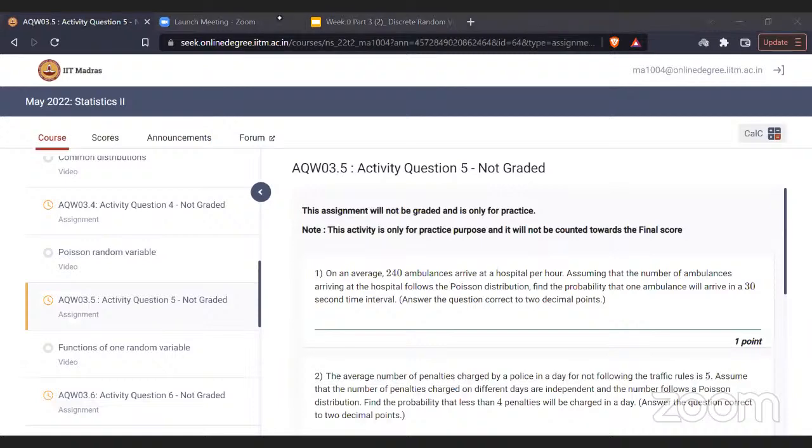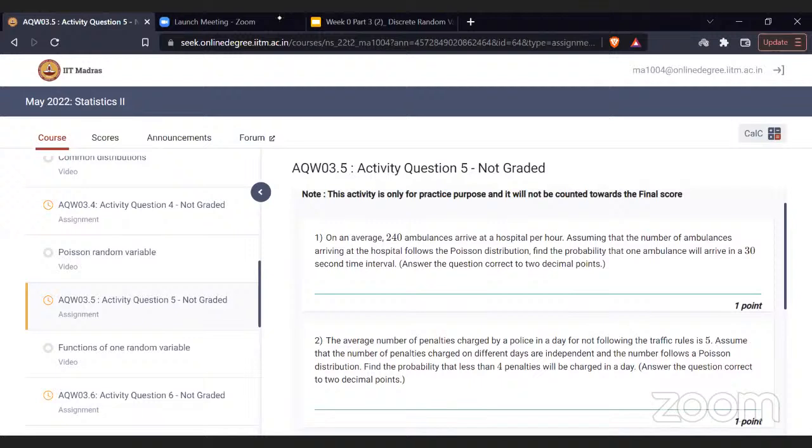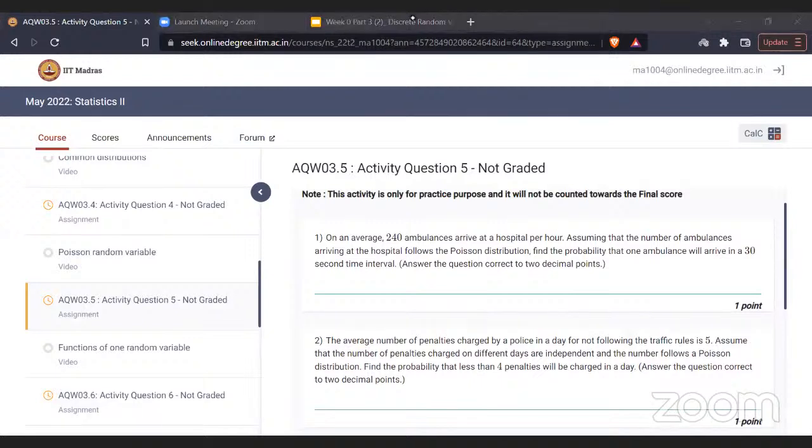You can try out the first problem from here. Just try it for a minute, maybe take some 5 minutes, and if you have any issue, I will help you out.